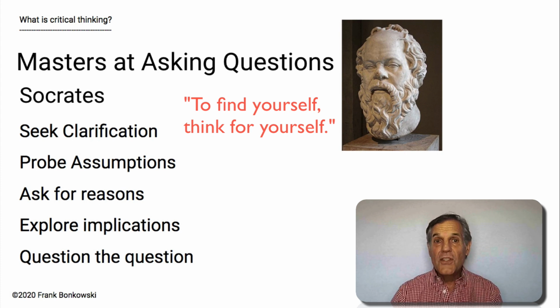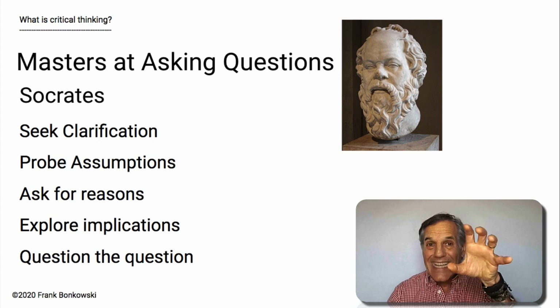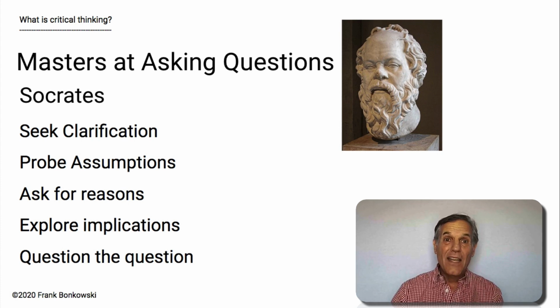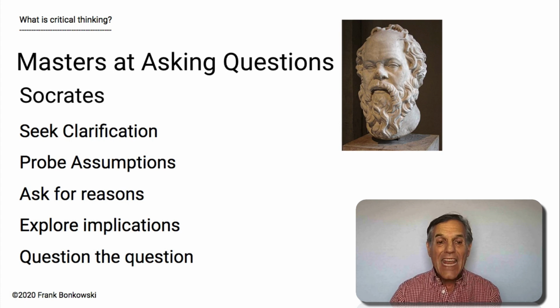And he used six different types of questions, as you can see here: seeking clarification, such as "Tell me more." Probe, to dig deeper into assumptions. Ask for reasons and evidence. Ask about causes. Probe the perspectives, and also explore implications, and also question the original question.